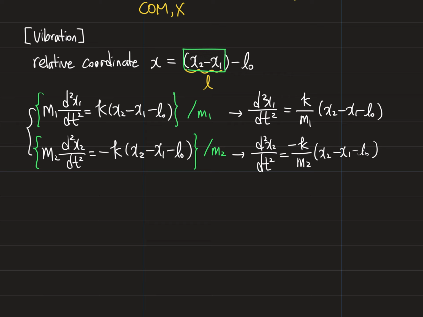And as I mentioned, we want to focus on the length L, which can be calculated from the difference between x2 and x1. So that means there should be minus k here.